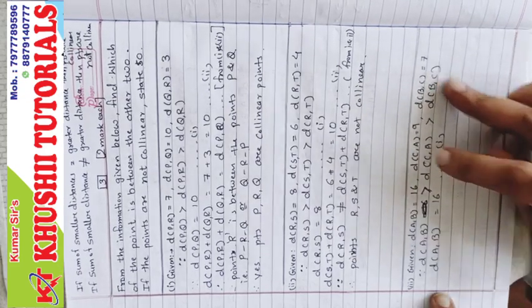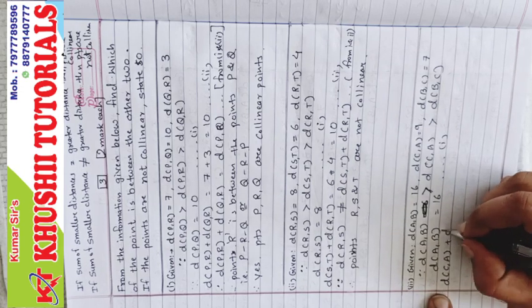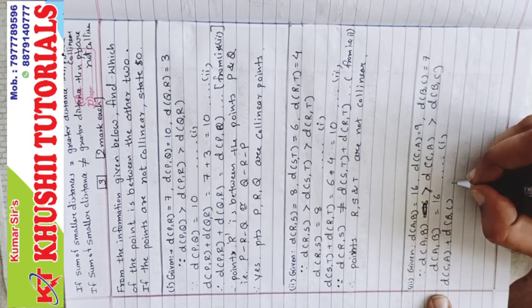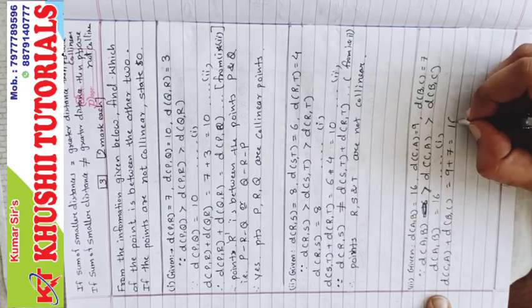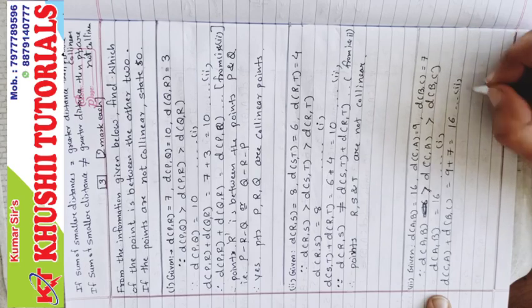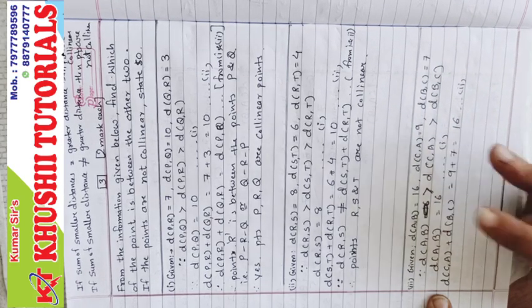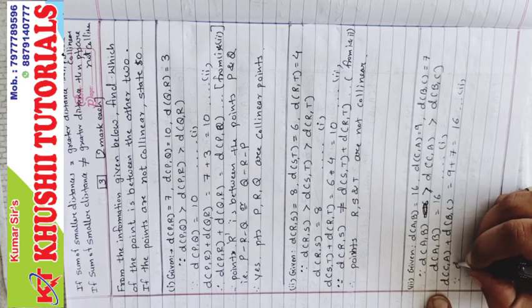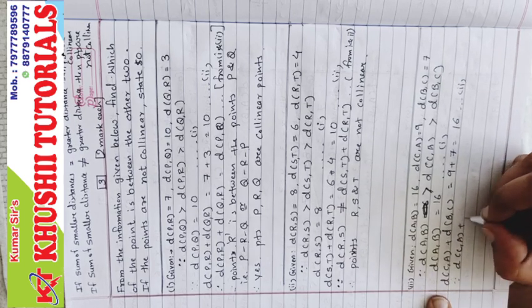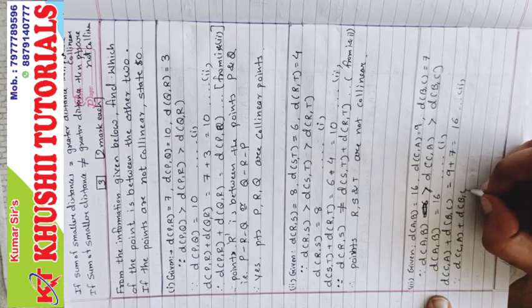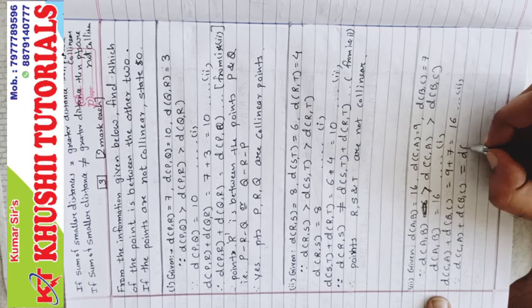Sum of the smaller two, distance of C comma A plus distance of B comma C, which is 9 plus 7, and 9 plus 7 is 16. Mark it 2. Hooray, they are equal, right? 16, 16. So the sum of the smaller distances is equal to the greater distance.